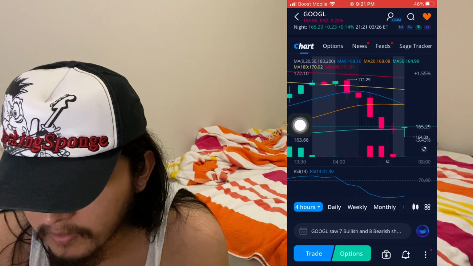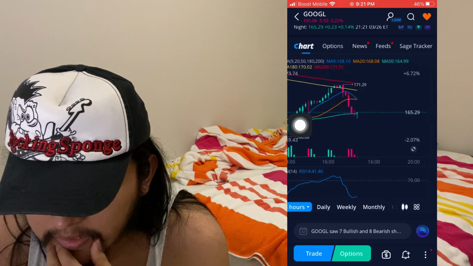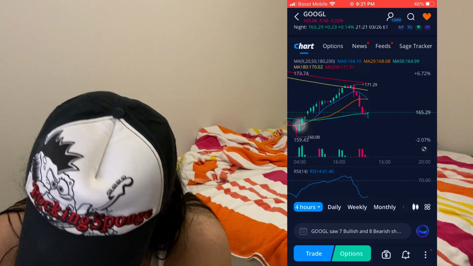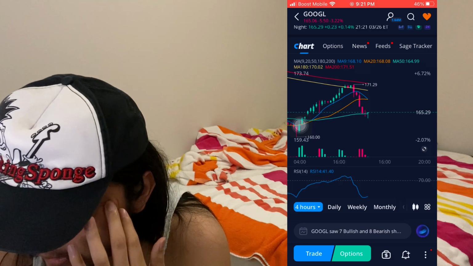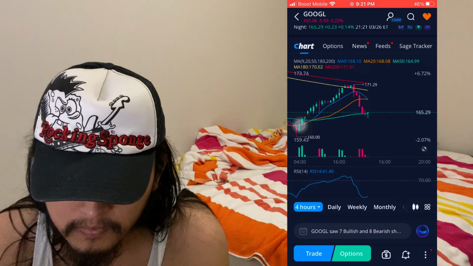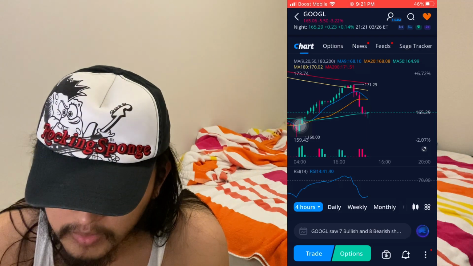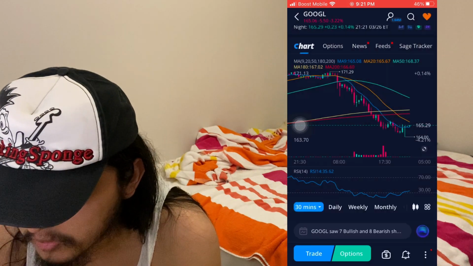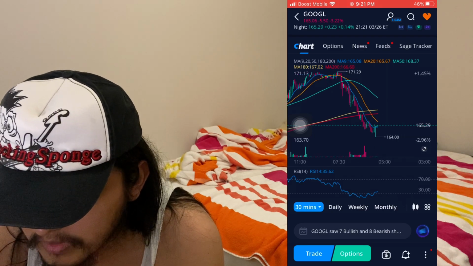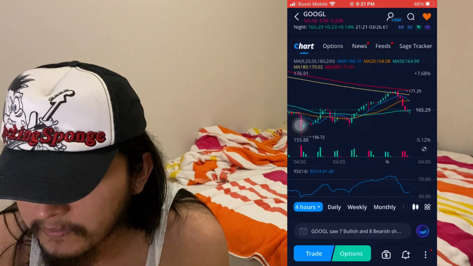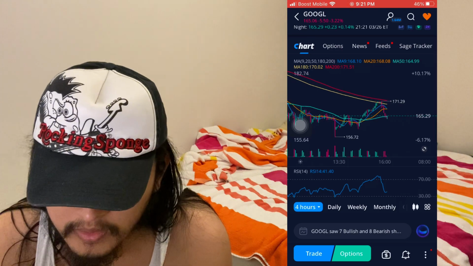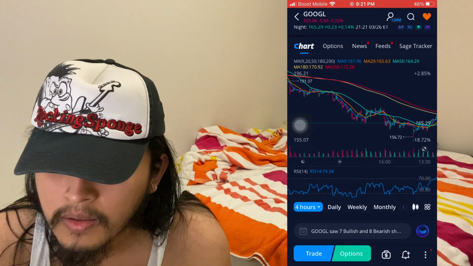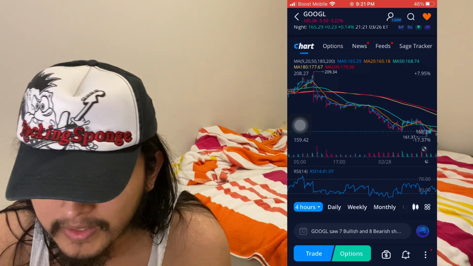Basically, you want to recognize the trend that specific stock is in, right? From what I've observed, you can use the 30-minute time chart to observe the trend, but something that I've realized is that if you use the 4-hour time chart, it's a little better to see where that stock is trending.